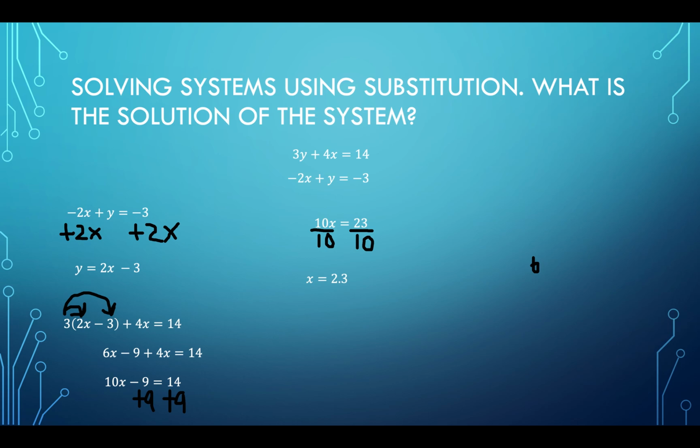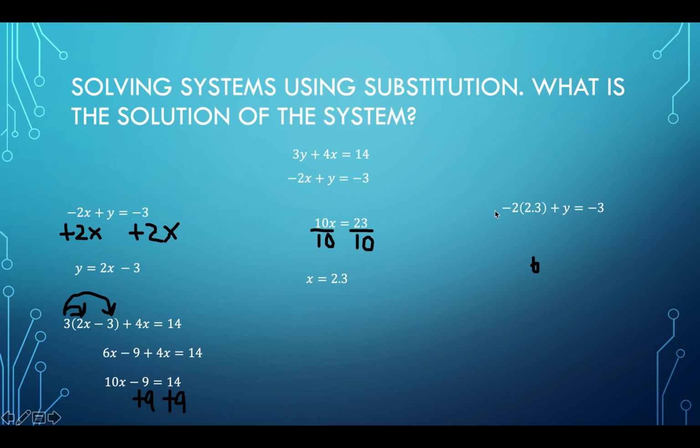Remember, because we're finding the solution of the system, we have to find x and y. Now you have to go back and plug in whatever you found for x to find y. You could use this top equation, but why would you want to do that? In this bottom one, y is all by itself. It's easier to use this one.